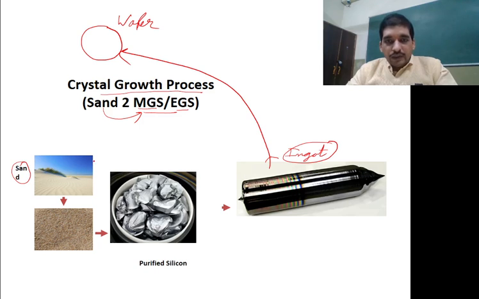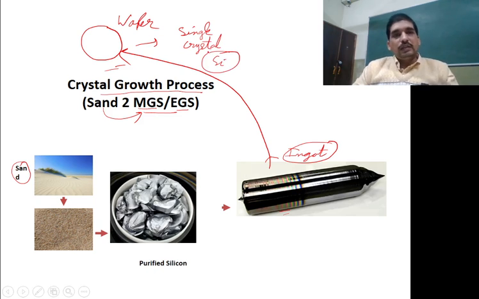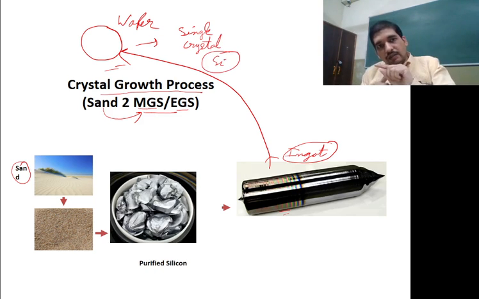As I have already said, this ingot, or basically this wafer, is made up of single crystal silicon. So the single crystal silicon structure is required to be obtained first, and then only we can cut that material, that means this ingot, into circular disc shape, that means the wafer. Then the fabrication will actually start.